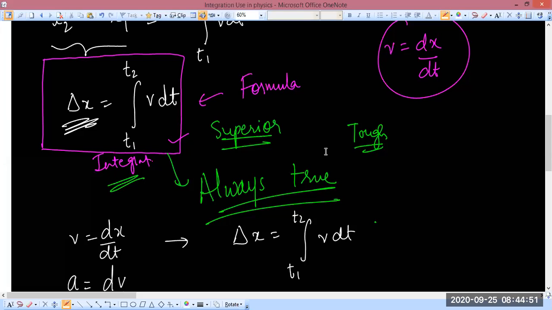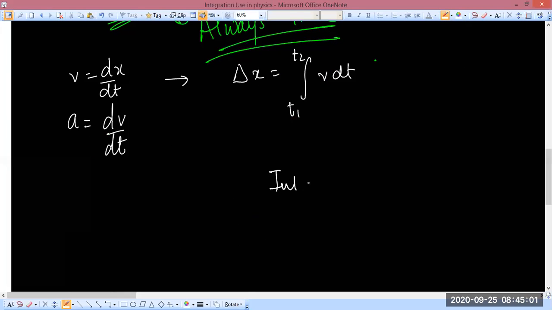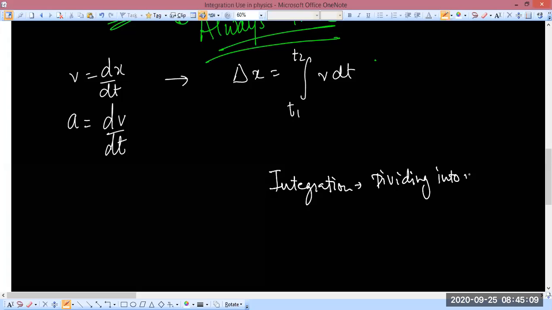Yes, this formula is calculus. Yes, agreed, this is the calculus method. Again, I hope you all remember what integration is. Integration is the task of dividing into infinitesimally small parts, and then adding all of those.